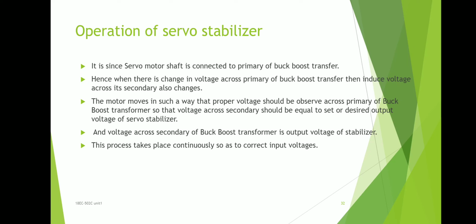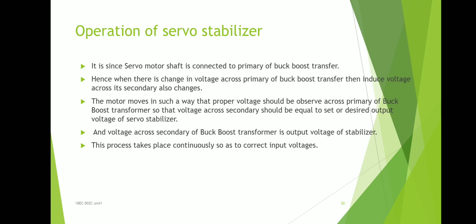Here is the main function, how we are getting the desired output voltage: depending on the movement of the motor shaft on the auto transformer windings, the voltage across the primary of the buck boost transformer is changing. With that changed primary voltage, the induced voltage across its secondary also changes.